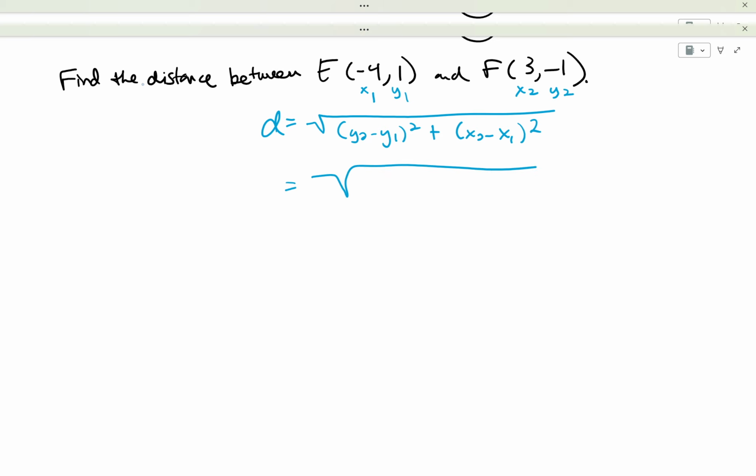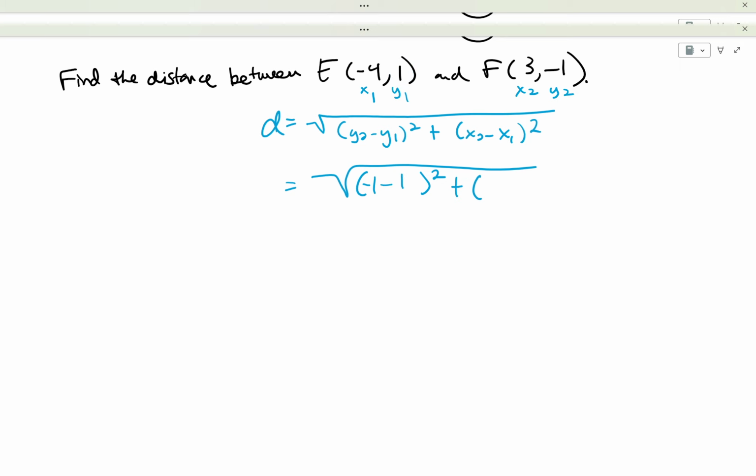Okay, big square root. And now we substitute. We have negative 1 for Y sub 2, minus 4 squared. Oh, goodness gracious. You guys are looking at this and thinking, Granados, you're crazy. It's negative 1. Sorry, that's my Y sub 1. Minus 1 squared.